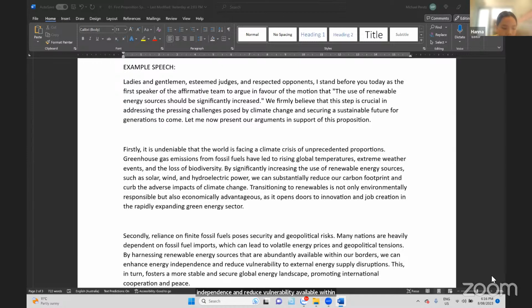This in turn fosters a more stable and secure global energy landscape, promoting international cooperation and peace.